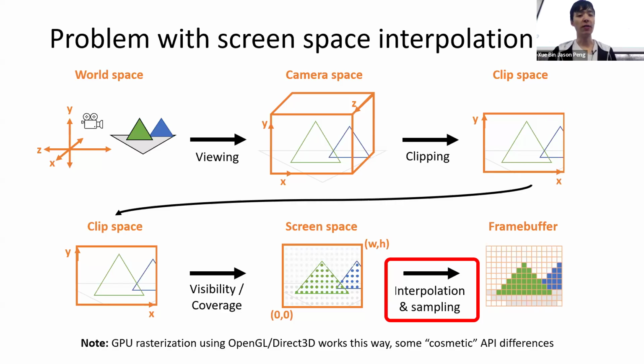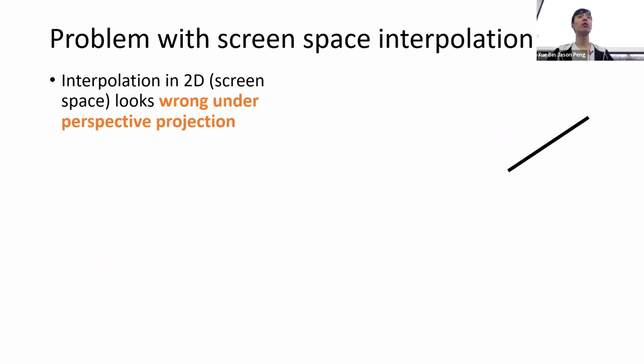So at this stage of the rasterization pipeline, we've already projected all of the vertices onto the 2D plane. So we've taken a 3D triangle and we've projected it onto a 2D image.